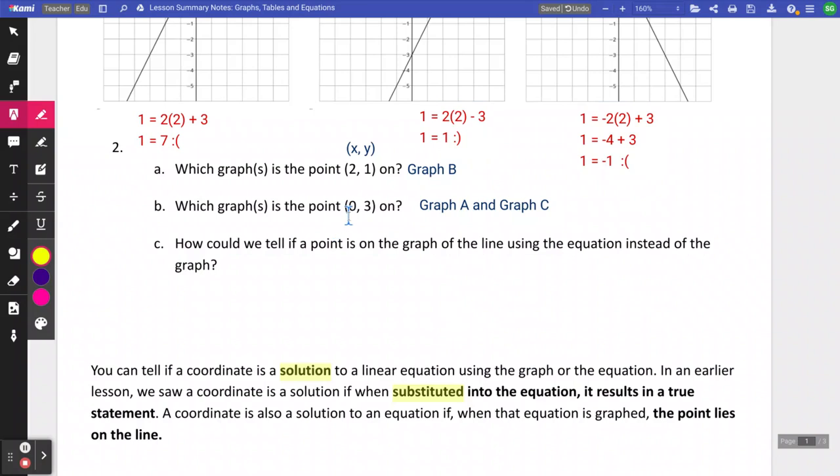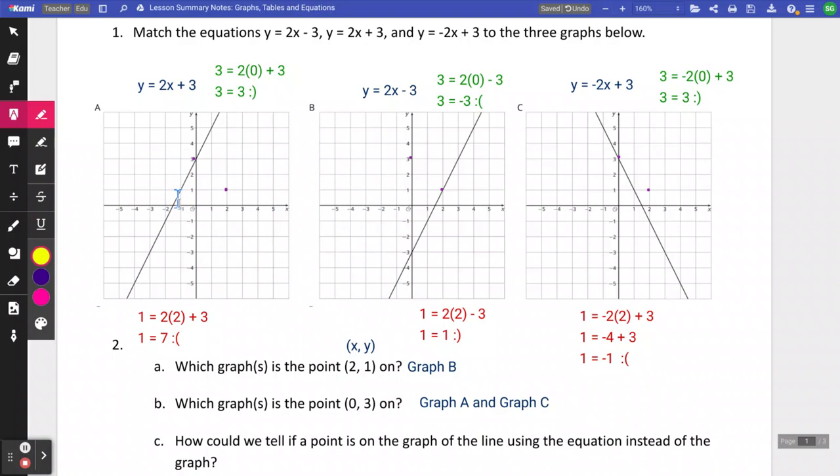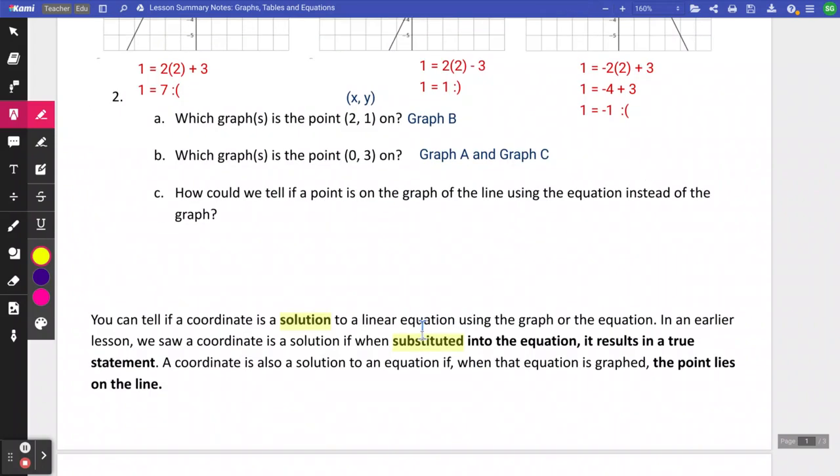So if I asked you if the point (0, 3) is a solution point, you can check that by seeing, is (0, 3) on the line? Or you can check and see, does the point (0, 3) satisfy the equation? So we can use substitution, or you can check that a coordinate is a solution to an equation if, when that equation is graphed, the point lies on the line.